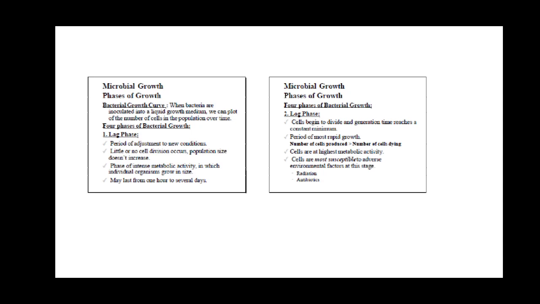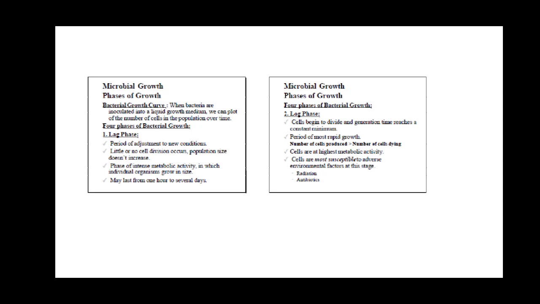So in the lag phase, whenever bacteria are kept in new media, there are different conditions, so bacteria will start to adapt to those conditions. For example, the medium may contain a specific pH and specific nutrients, so bacteria kept in that medium try to adjust to the different pH, temperature and nutrients.